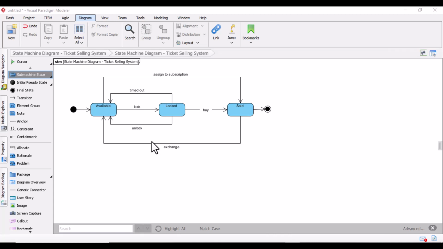So it basically describes the sequence of states that an object goes through during its life cycle, or lifetime, and the events because of which it transitions from one state to another. In this diagram you can see available, locked and sold from the ticket viewpoint. Whether the ticket is available, whether it is locked for booking, and then whether it is sold out is what this state diagram is showing.